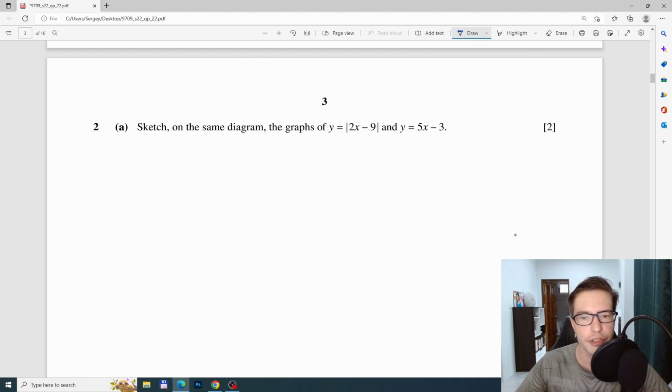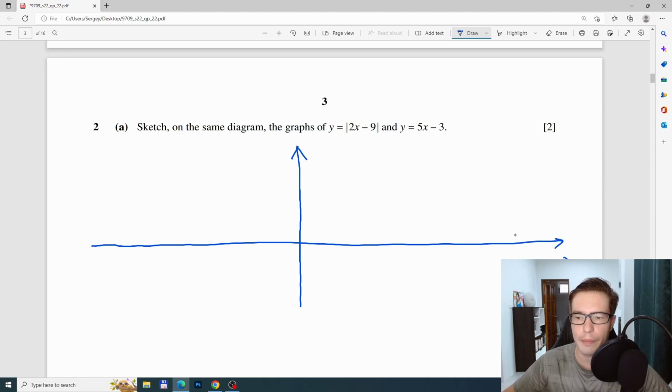Next one, we have to draw a sketch. First, we have the modulus function, and the second is just a linear function. So first I'm going to start with the modulus, and I will start by drawing the function y equals 2x minus 9 without the modulus sign.